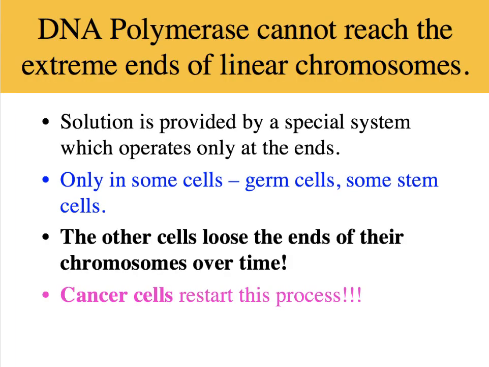The evolution of telomerase in the first place has to do with a shortfall in the regular DNA synthesis enzymes. In eukaryotic cells, these enzymes are unable to reach the extreme ends of linear chromosomes. This results in the systematic shortening of the ends of every chromosome following a round of DNA replication.